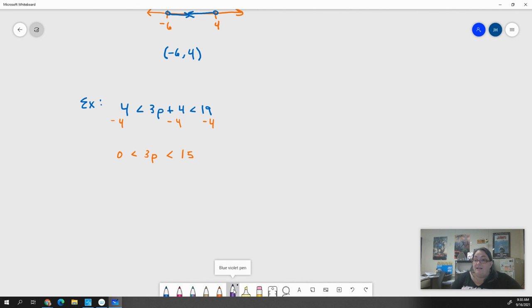So we're going to have to divide everything by 3. Here is a 3, there's a 3, everywhere a 3. 0 divided by 3 is 0. Less than 3 divided by 3 is 1, so I'm left with just p here. 15 divided by 3 is 5.